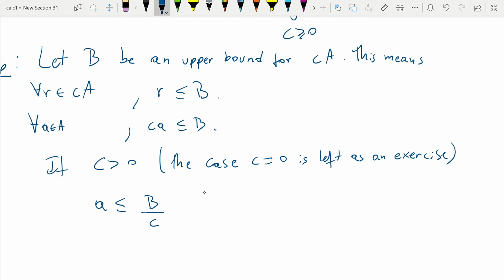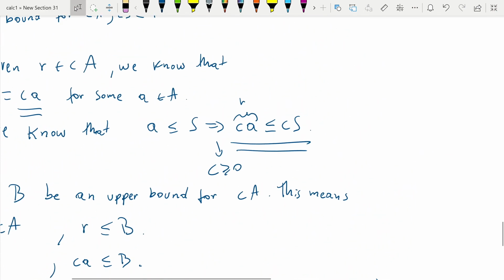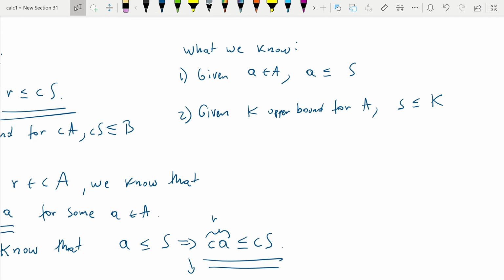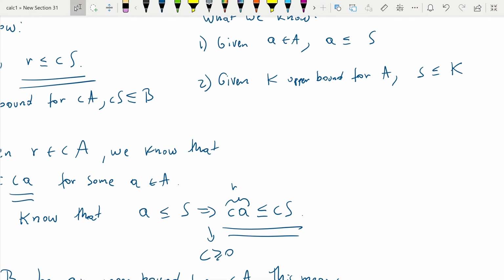Because we want to isolate the A that belongs to A, to use the statement that we know: if K is an upper bound, then K is greater than or equal to S. If K is an upper bound for A, this is if and only if for all A in A, A is less than or equal to K. This is the statement that K is an upper bound.